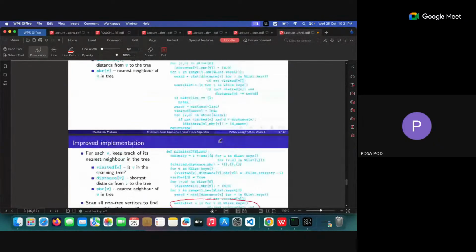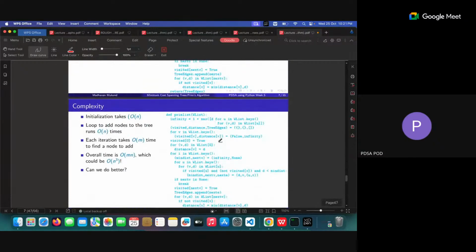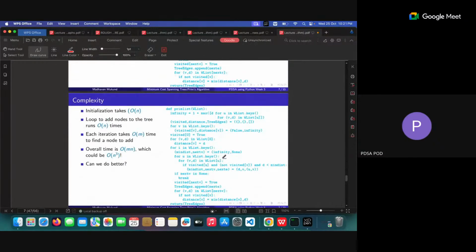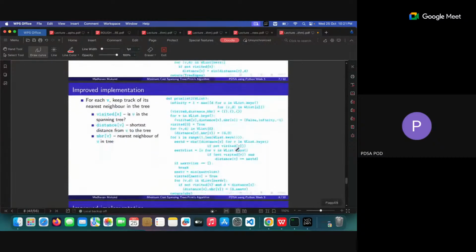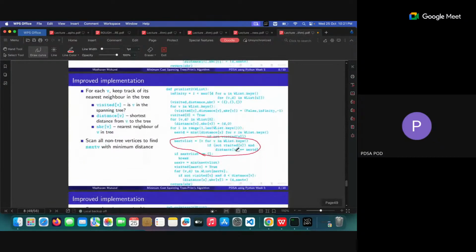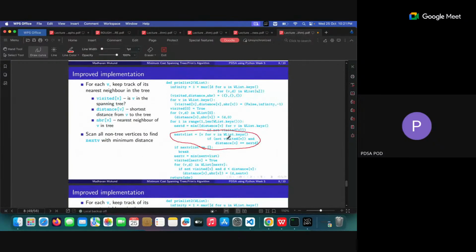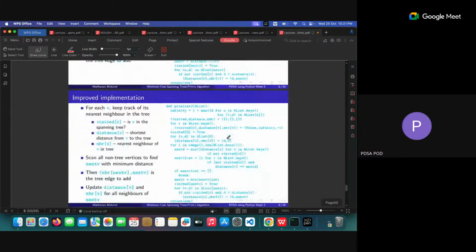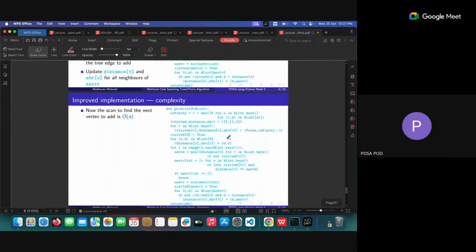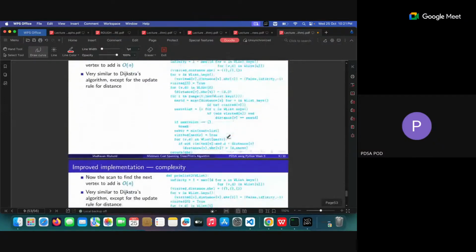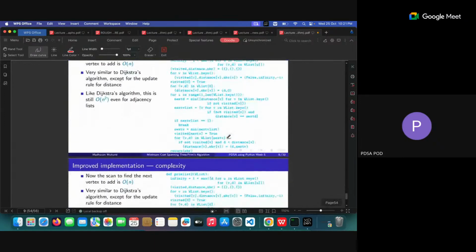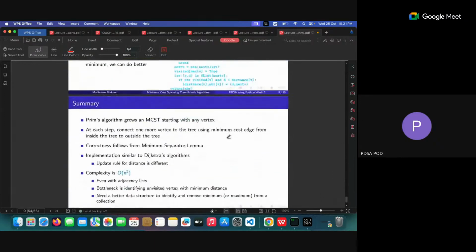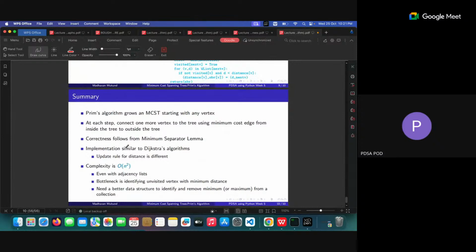Earlier it was done with another nested loop, but here they directly find the minimum. It's a better one without using two nested loops. So this is the improved implementation. Whenever there is an improved implementation, the complexity is very much reduced. So which is that? N square. The simple one is n square.